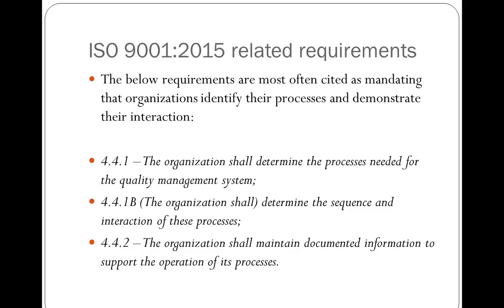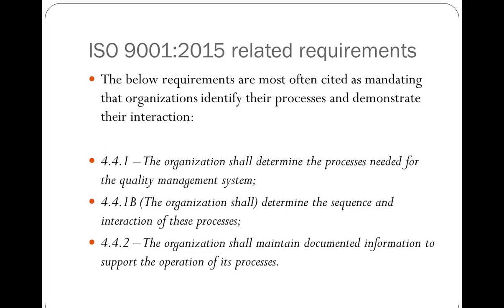Now in 9001-2015, all of the relevant requirements are found in section 4.4. Beginning with 4.4.1, where it states, again, you need to determine the processes needed for your system. 4.4.1b states that you need to determine the sequence and interaction of your processes. And in 4.4.2, it states that you need to maintain documented information.